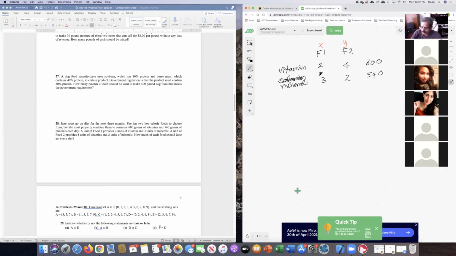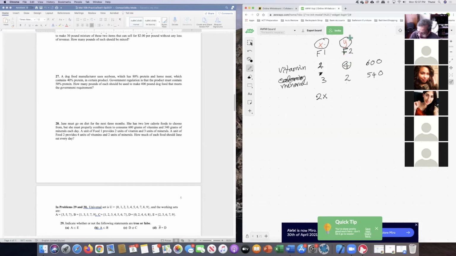Okay, so if from 1 unit of food F1, or let's call it 1 pound, I'm getting 2 units of vitamin. I'm eating X pounds. So I'll get 2 times X vitamins from those. And then look at F2. From each pound of F2, I get 4 vitamins.